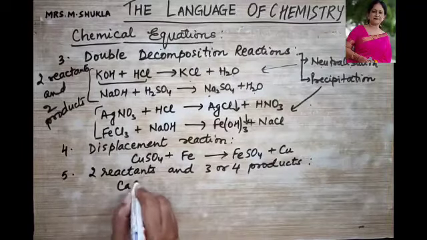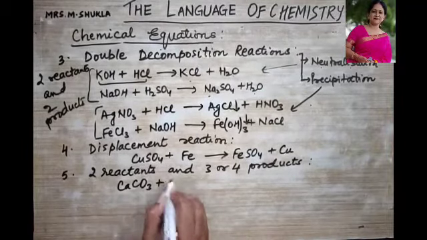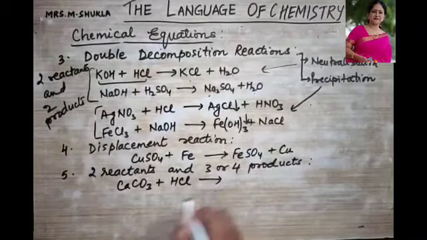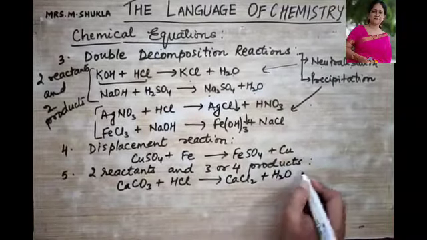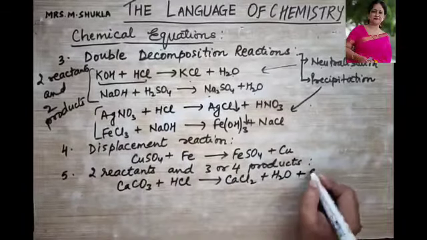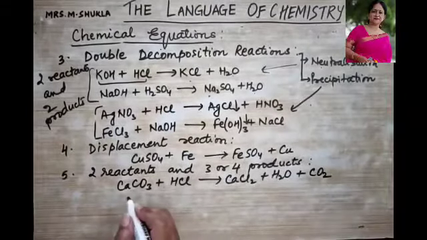For example, CaCO3 plus HCl. What is it going to give us? It will give CaCl2 plus H2O plus, it is a carbonate, so carbon dioxide will be given out.